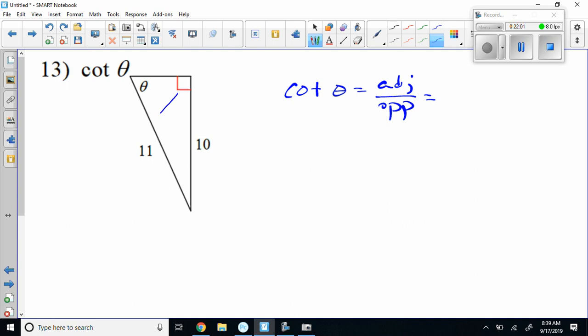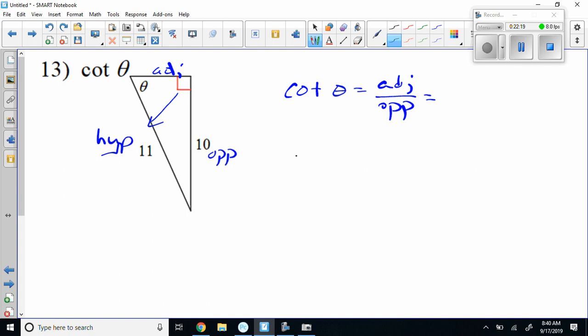Now, first things first, here's hypotenuse, right? Don't make that mistake. Okay, so we need to find the adjacent, right? And then this is opposite.